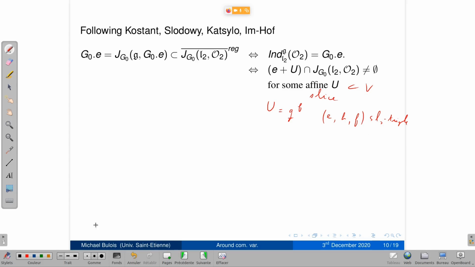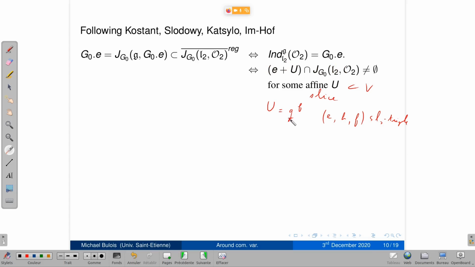So this is very much like a Kostant slice when E is regular. And there are also lots of works of Slodowy, Losev, Imhoff, which use this setting for sheets or for different objects. But here, a whole inclusion of a variety is encoded by the fact that we can find one element of this set here in some slice.